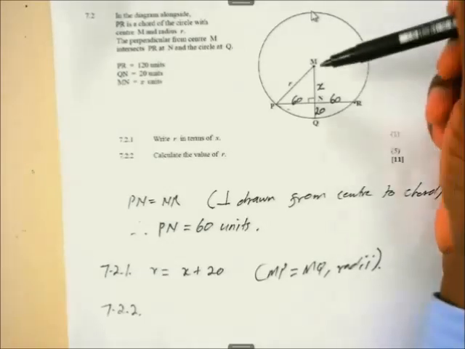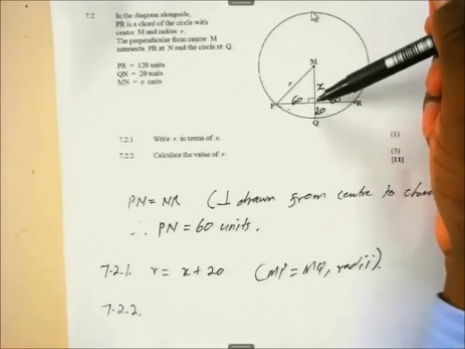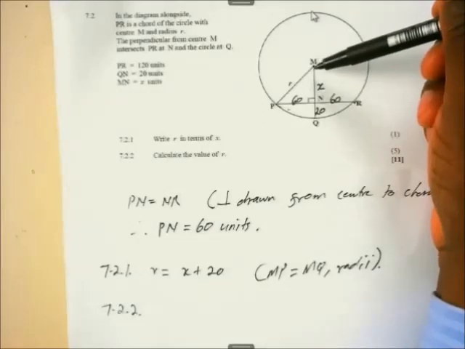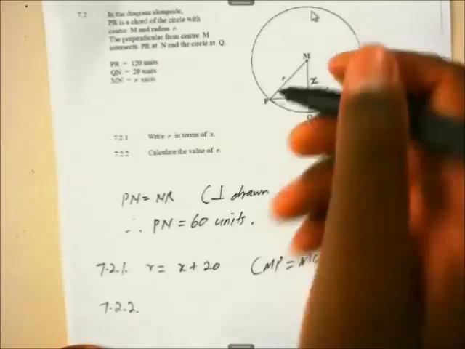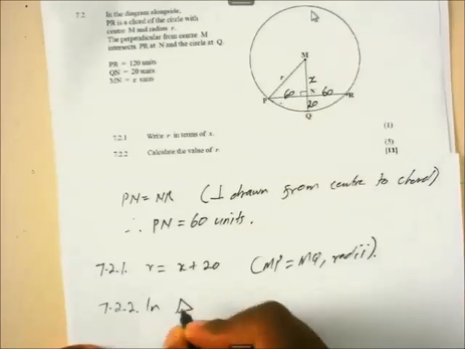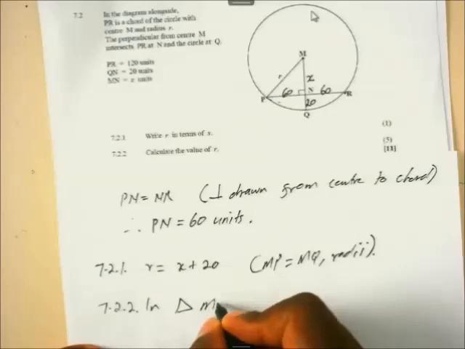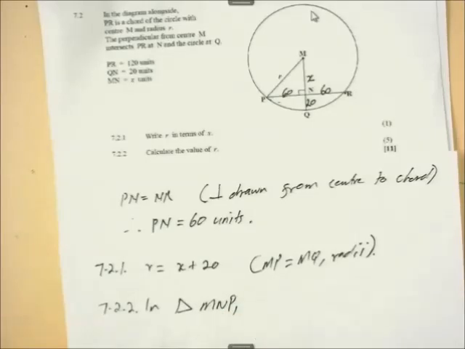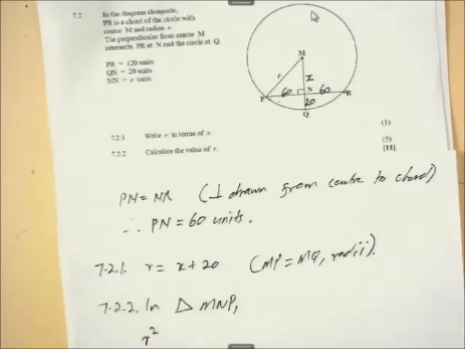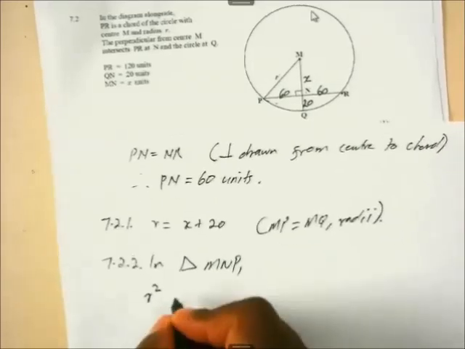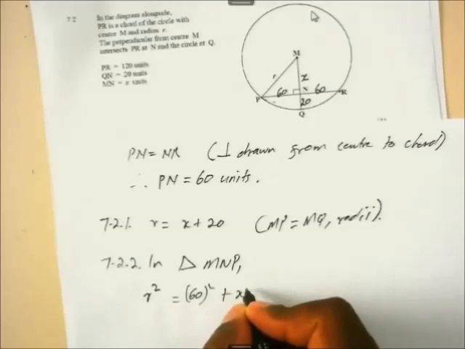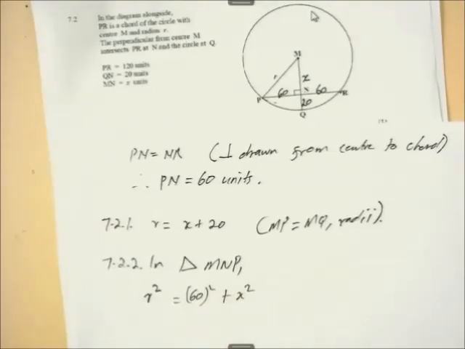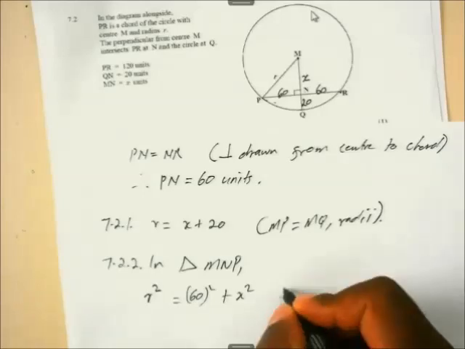Check. In triangle MNP, check what is happening in that triangle. R squared is equal to 60 squared plus X squared. It's geometry, therefore we must provide a reason for every statement.